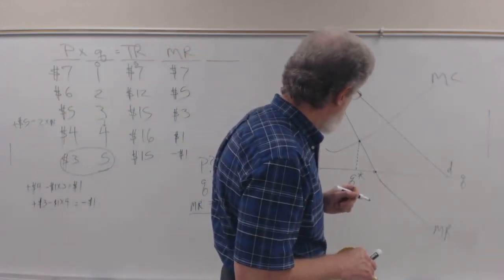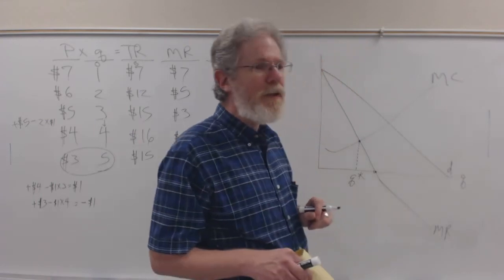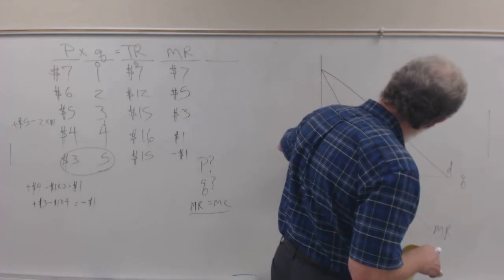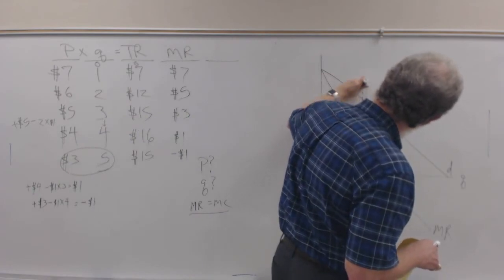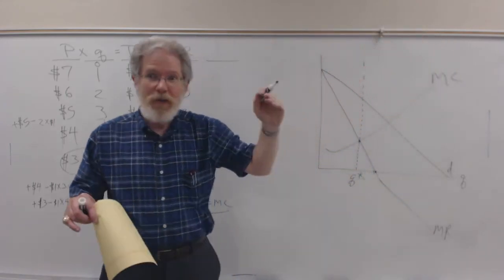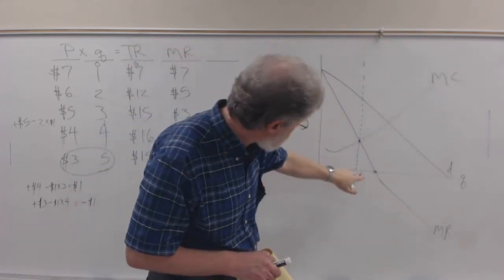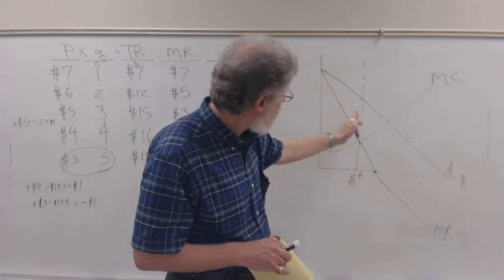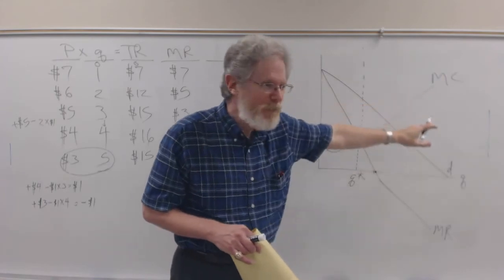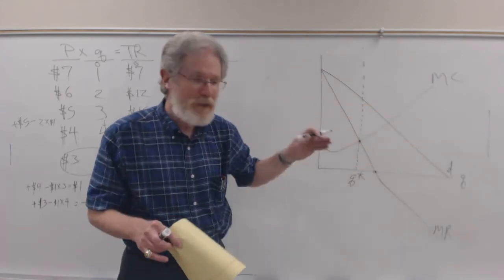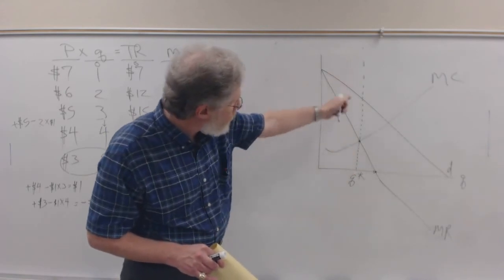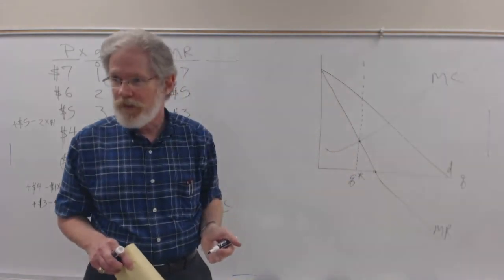And then you tell yourself nothing is relevant except what we find along that vertical line. Now that we know that he's going to produce this quantity, if he's producing more, we don't care. If he's producing less, we don't care. He's going to produce this quantity. So all you do is look at that vertical line.